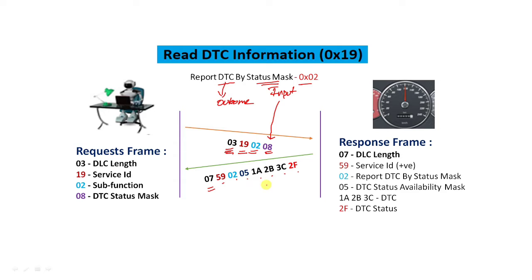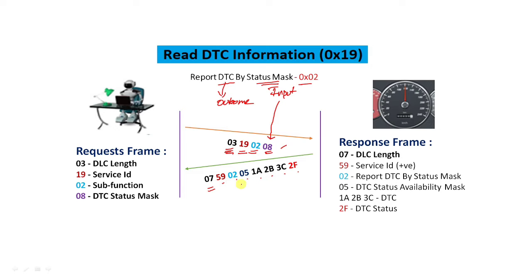If it is greater than 8, then the consecutive flow, the process of CAN TP, starts. Anyhow, we are not dealing with it now. So the DLC length is the number of bytes in a single frame. Then 19 is the service ID used to retrieve the DTCs, 02 is the subfunction, and 08 is the DTC status mask because we are requesting it from the status mask. So I guess this is 100% clear for you.